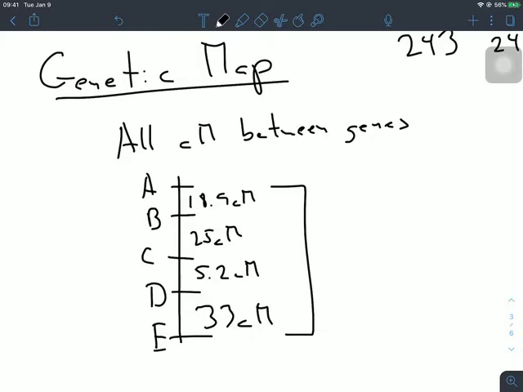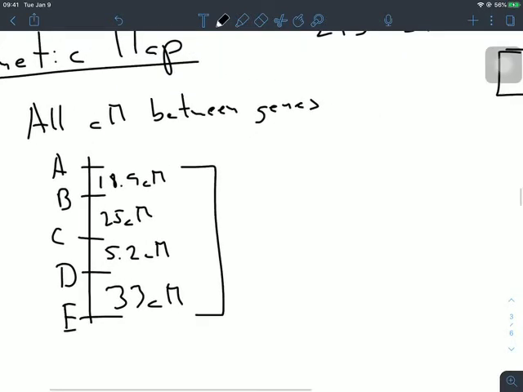But my question for you is, what is the true recombination distance between A and E here? Or, what is our maximum recombination frequency? What is the upper limit on centimorgans?